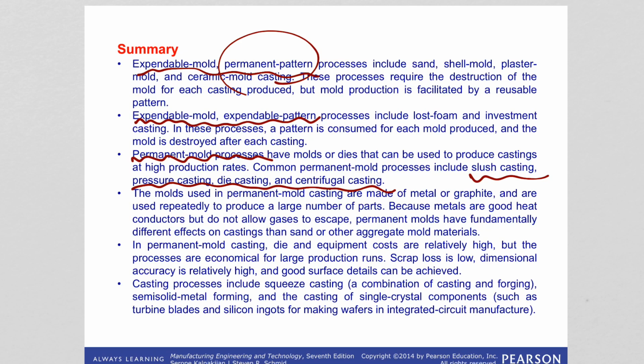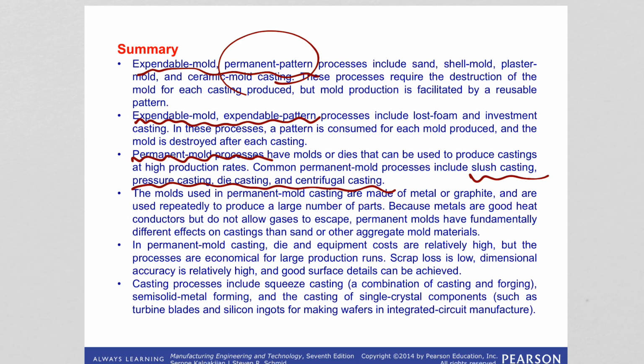The die and equipment cost is high in permanent mold casting, but in large production runs it is more economical, because you initially pay a lot for the die and equipment, but with large production runs it compensates.